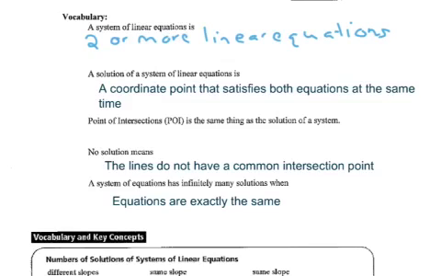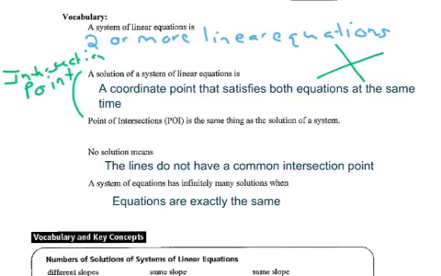So like I said, this right here is basically your intersection point. So if I had my two lines, let's say those are my two lines, right here my dot in yellow is my solution to the system, which is also known as your intersection point.